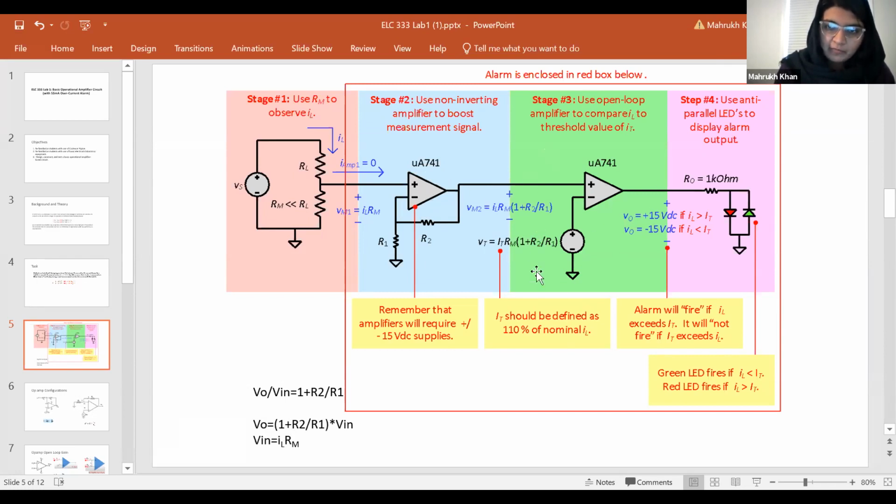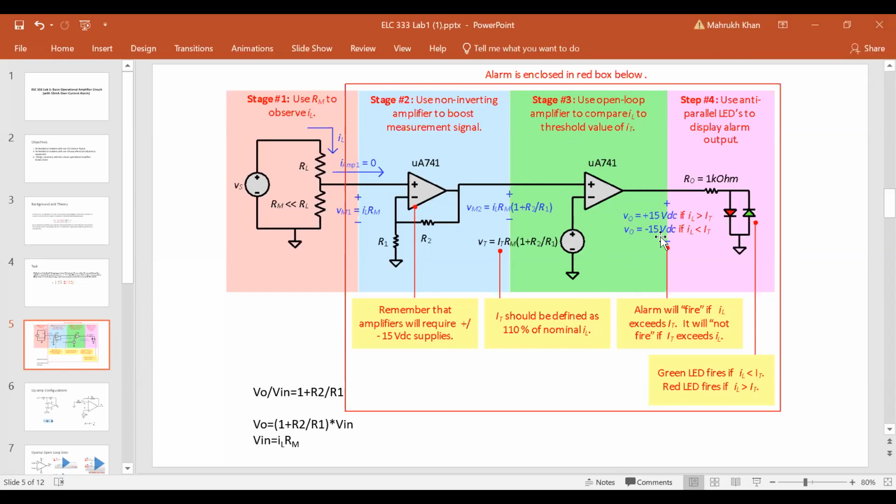But here what we are saying is saturation will occur because there is an open loop gain involved. This is not closed loop. There is no feedback loop, right? So there is an open loop gain involved. That's why whenever one of them is greater, you will either get plus 15 or minus 15. Does this make sense?